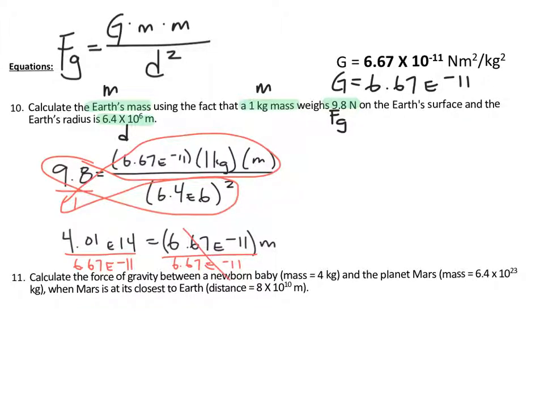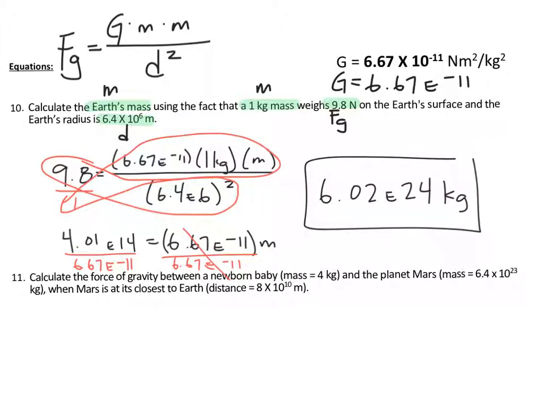And when I divide these two here on the left, I get m. And after I type these into my calculator, my m turns out to be 6.02 times 10 to the 24th kilograms. This is the mass of the Earth that we have calculated.